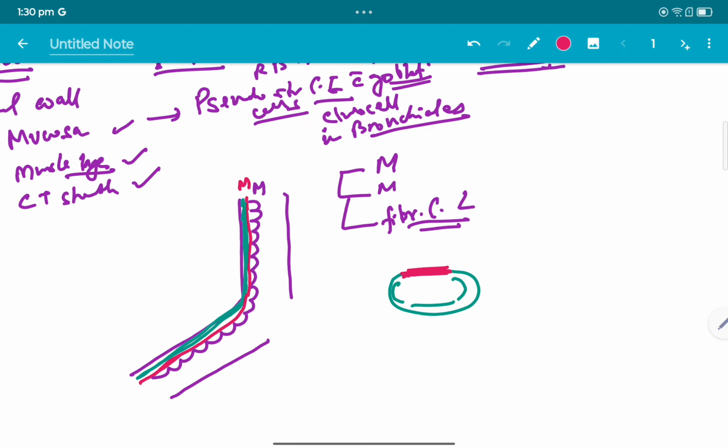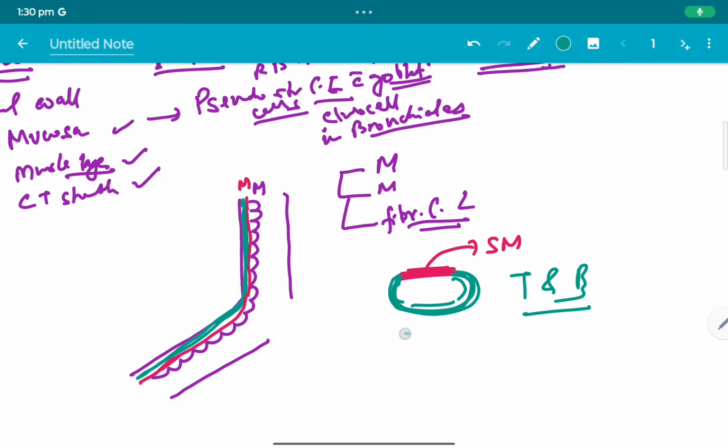Dorsally or posteriorly, you will have the posterior smooth muscle layer and this incomplete cartilaginous ring in green color. C-shaped cartilage in trachea and bronchi. These are the incomplete rings.